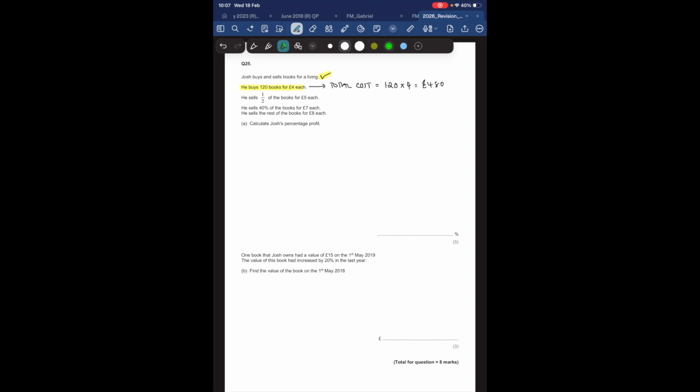The second line basically tells me that he's selling half of the books for £5 each. So first of all, I'm going to work out half of 120. That gives me 60 books. Now I know that he's selling those 60 books for £5 each, so the selling price is going to be 60 times 5, which is £300.